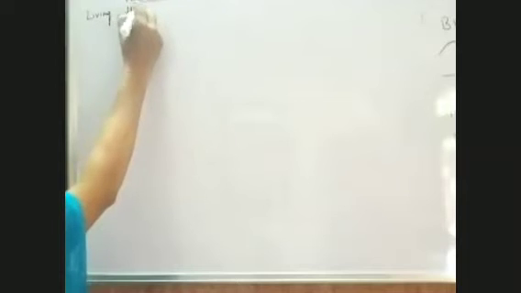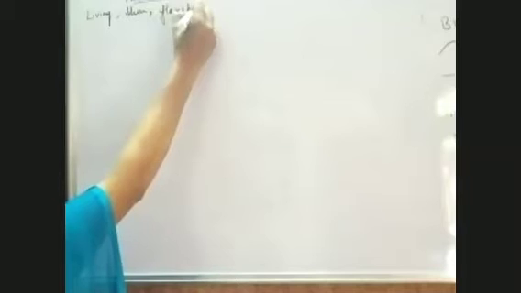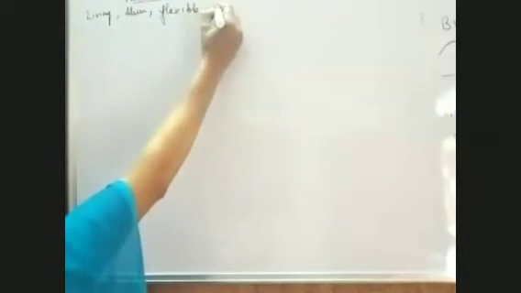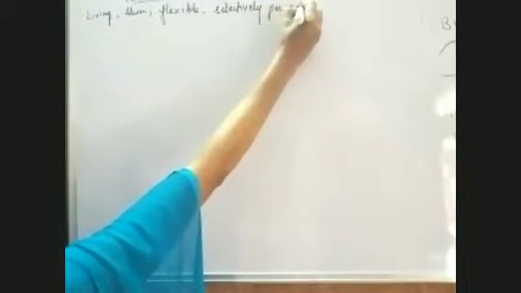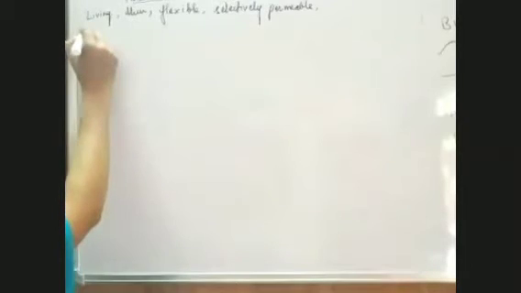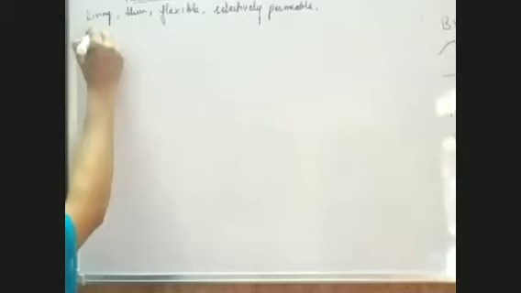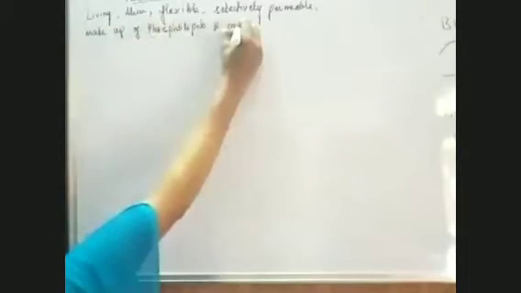So as I told you, plasma membrane is living, thin, flexible, selectively permeable, made up of phospholipids and proteins.